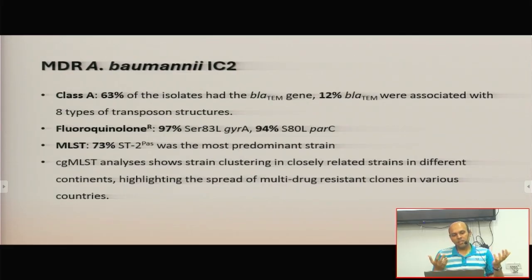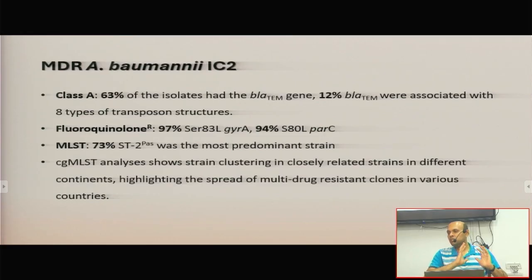The MLST is the scheme that is used for identification of strains. Everyone has a passport, and everyone has a name and a surname. In the same way, if you say it is ST2 or ST4, it is isolated and characterized at the genetic level, exactly 1, 2, 3, and then you can link it.